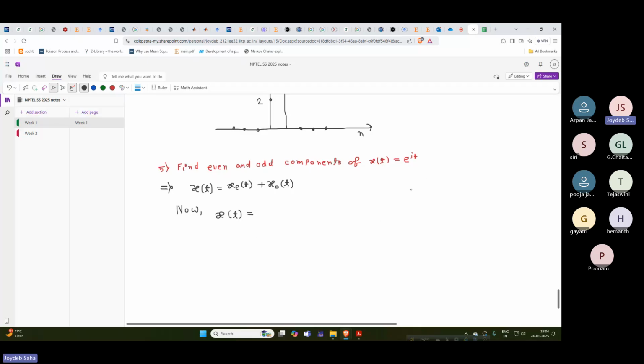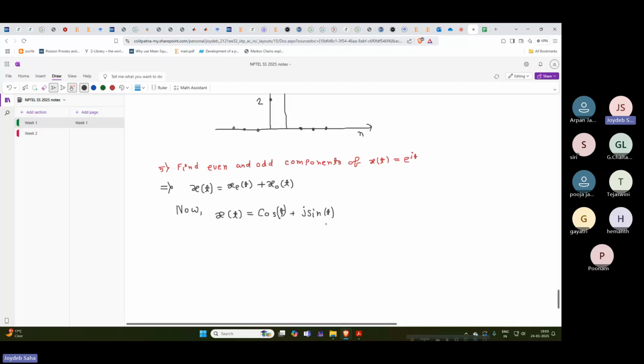Okay, so e to the power jt can be written as cos t plus j sin t.